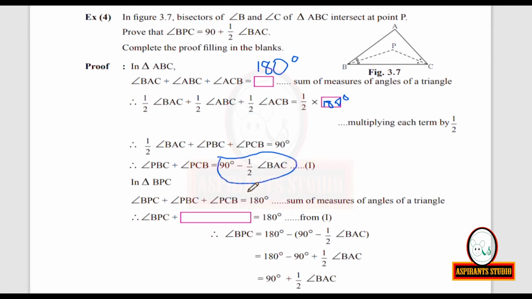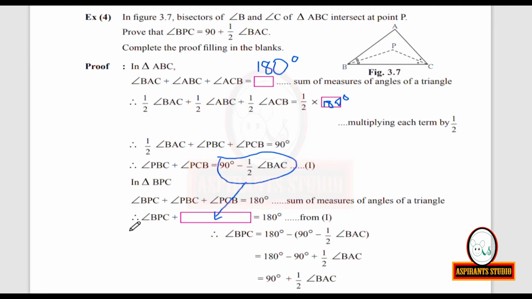So, just substitute this over here. Now, the equation becomes measure of angle BPC plus 90 degrees minus half of measure of angle BAC is equal to 180 degrees. The reason you have to write beside is from 1.